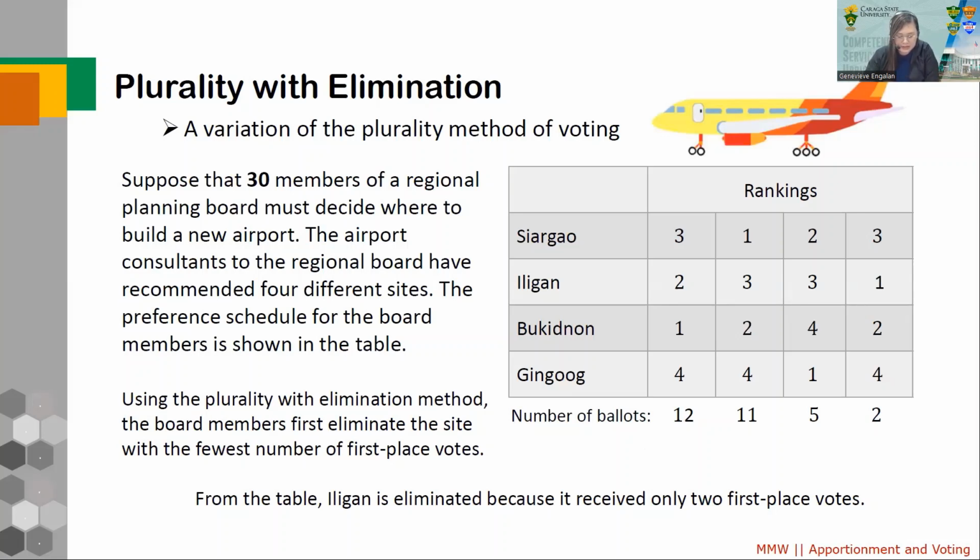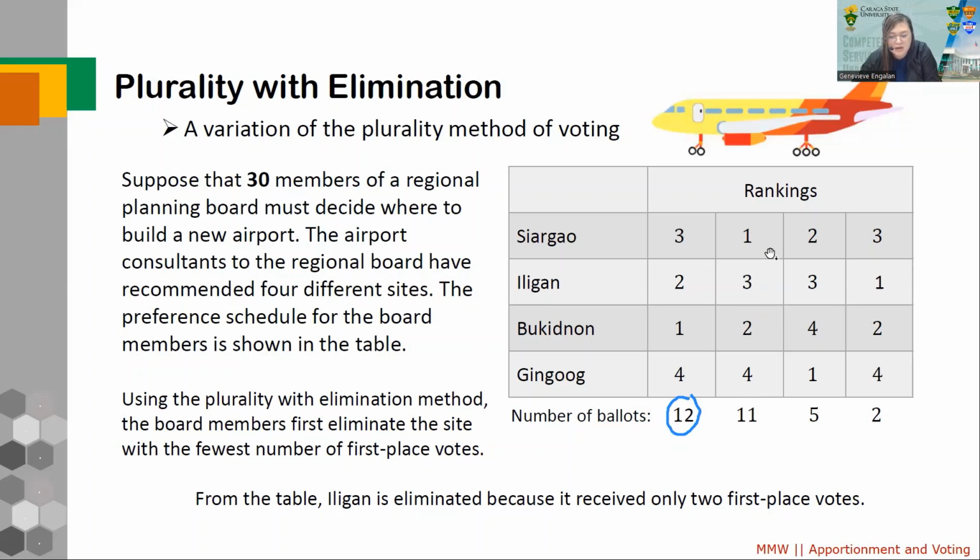So, class, kini daw si 12 ka buok, mao ni ilahang ranking. Ilang first is si Bukidnon, second is si Iligan, third is si Siargao, tapos si Hingoog na ika-fourth. Tapos 11 ka buok sa members ang nag-vote ani.